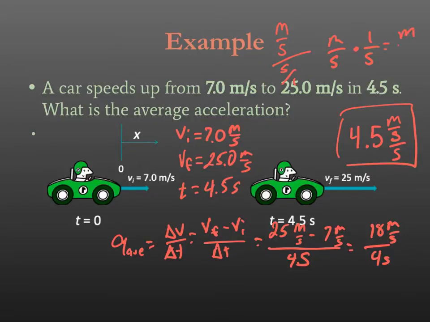So that gives us units of meters per second squared. And this is how we'll typically write our units for acceleration, meters per second squared. But I think it's important to understand that it's really meters per second, which tells us the change in velocity, or the change in the meters per second every second.